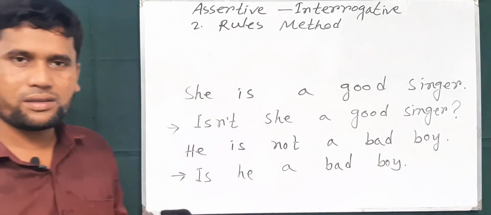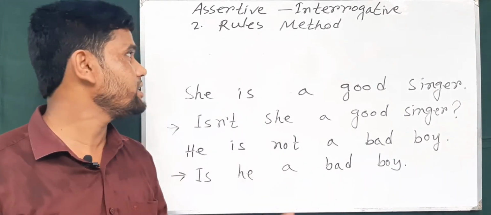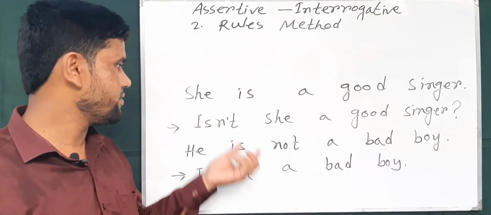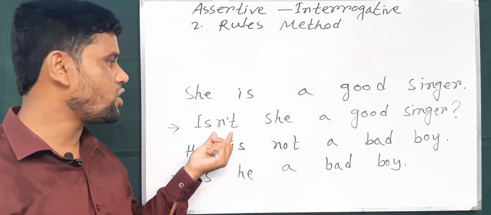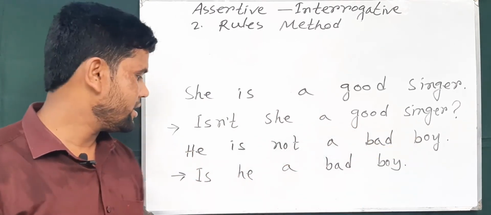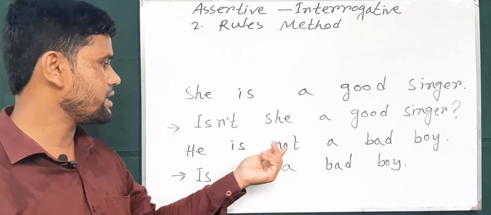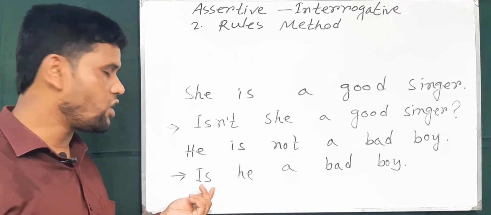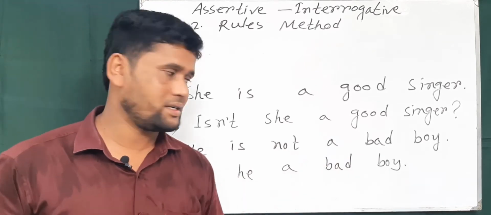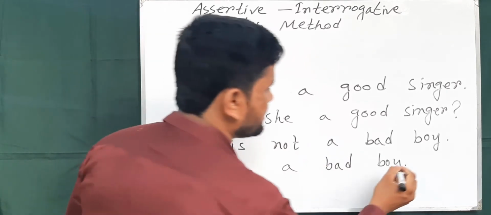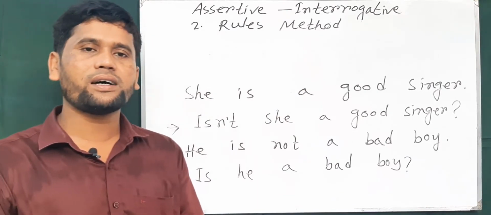So simple, just doing 2 or 3 things, we can change any assertive to interrogative. First we use auxiliary verb, the sentence is affirmative, so we use not and the other part. And here I write auxiliary verb, the sentence is negative, so I don't use not with auxiliary verb, and I write subject and other part. You must use note of interrogation at the end of the sentence.